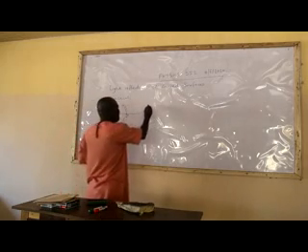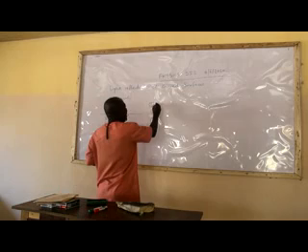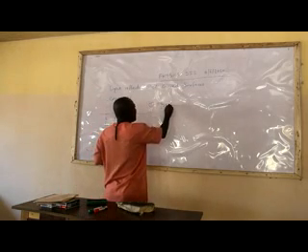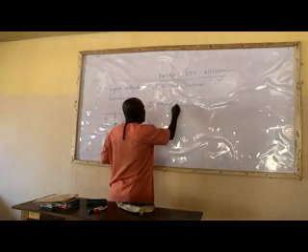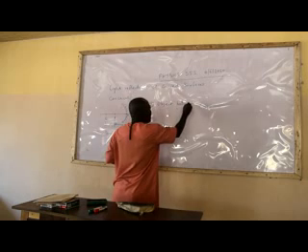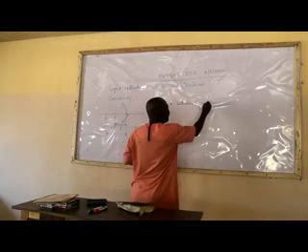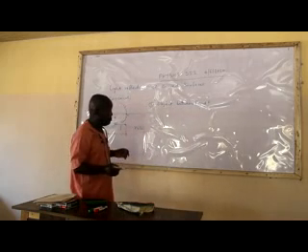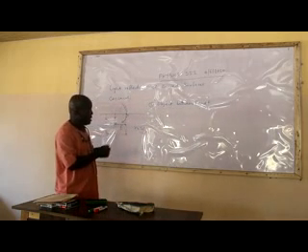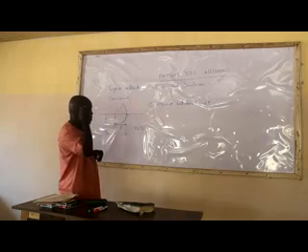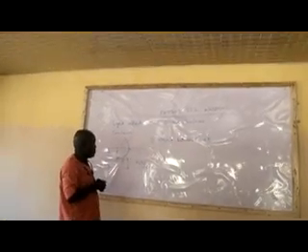Number one, object between P and F. Now you know what P is and what F is: the object is between the pole of the mirror and the principal focus.